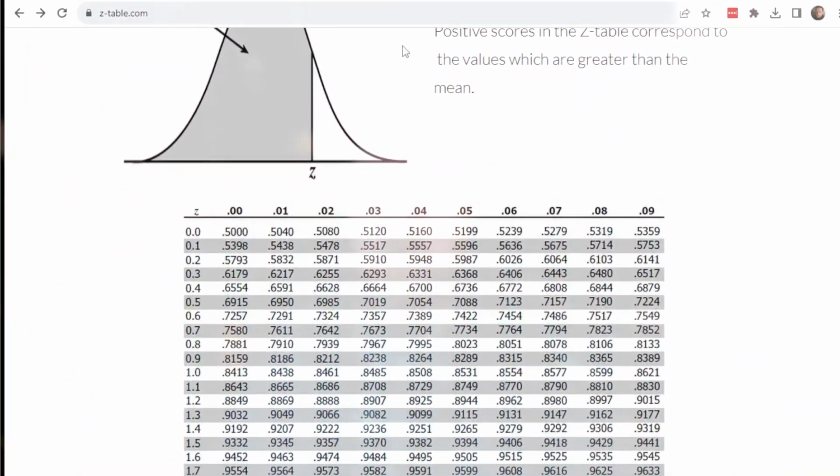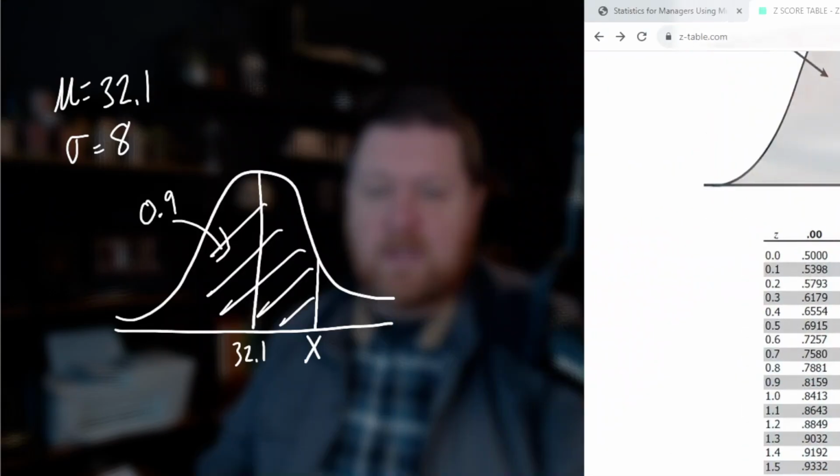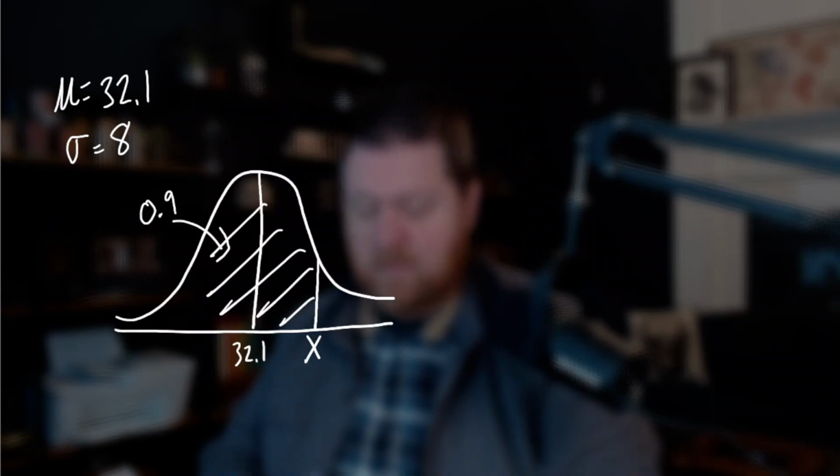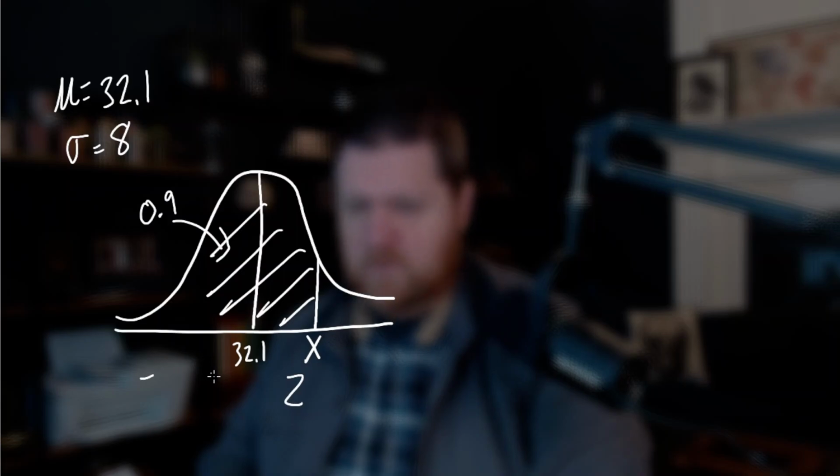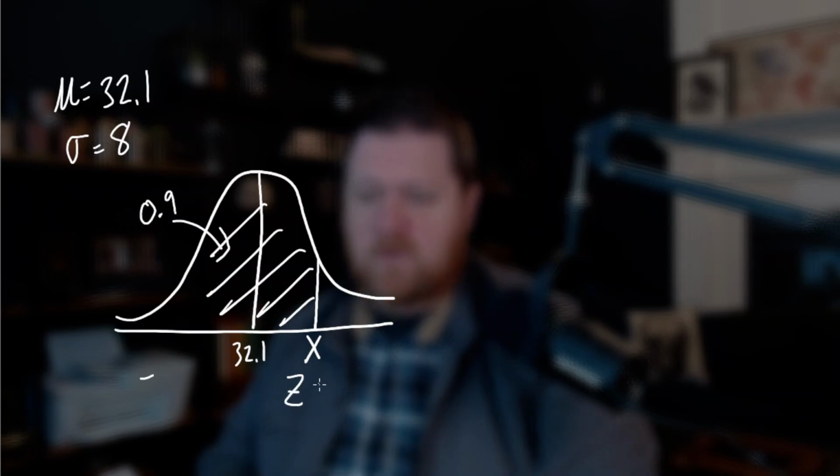Let me just show you again. The z-score is 1.28, and the area to the left of that is 0.8997. So again, this is the same z-score. Z-score is 1.28.